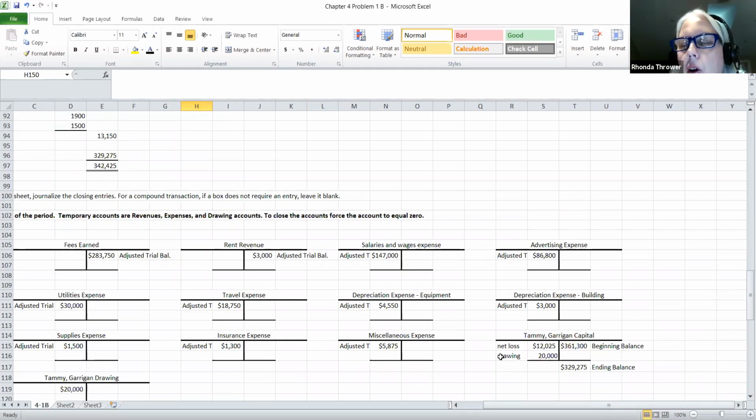Temporary accounts are closed out at the end of the period and are going to go away. They're temporary. Their balance is reduced to zero and you get rid of them. But your permanent accounts will stay on your books forever. And capital is a permanent account because it's an owner's equity account.